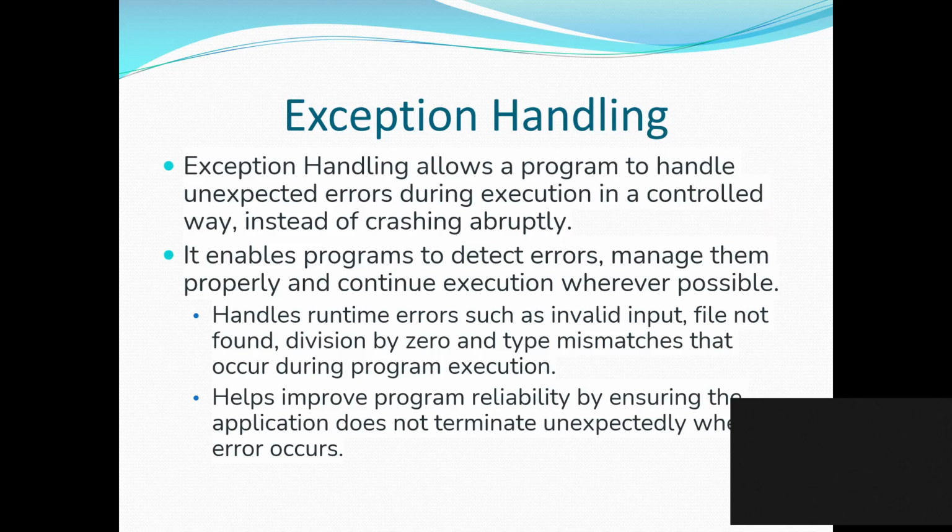After that, it does not continue with the other statements. Because of one particular statement causing an error, Python stops everything. So exception handling allows a program to handle these kinds of unexpected errors during execution in a controlled way, instead of crashing abruptly. Using exception handling, we can prevent crashing.